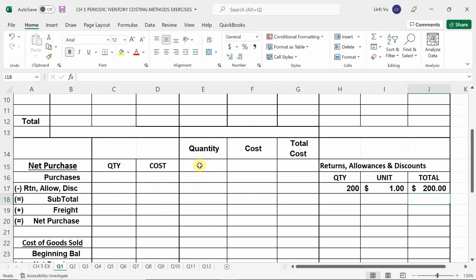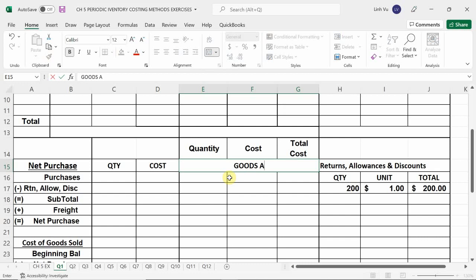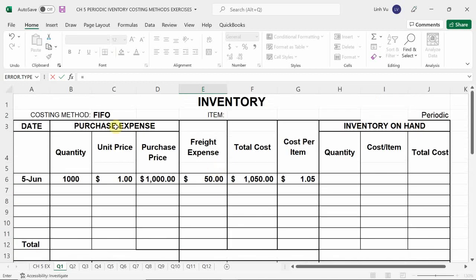So what I'm going to do here in this middle section, which is your workspace, is I'm going to go ahead and create a small table in here. And I'm going to call this my goods available. Because in this case, do I still have 1,000 units left in my inventory?